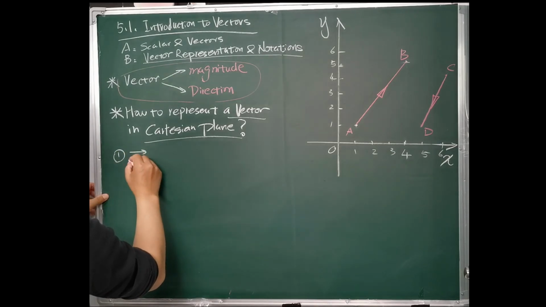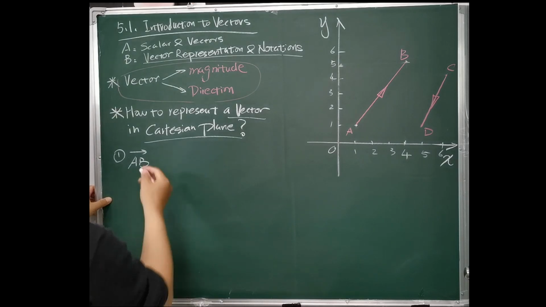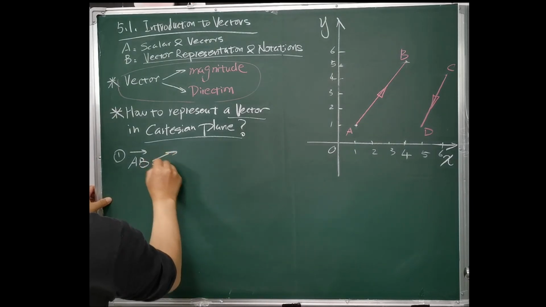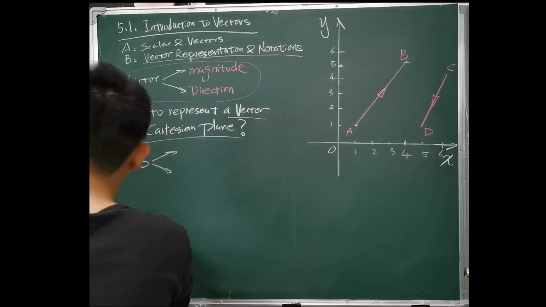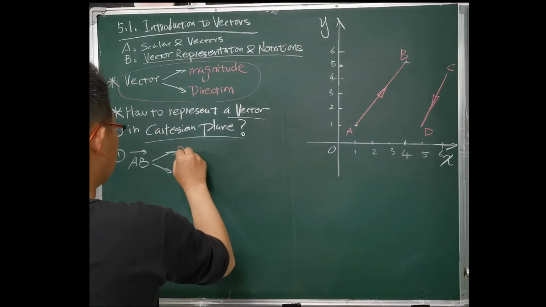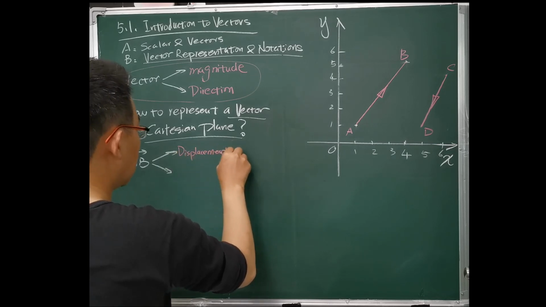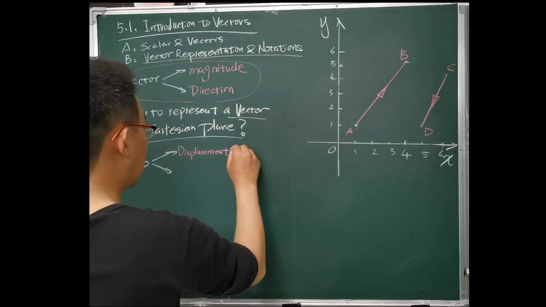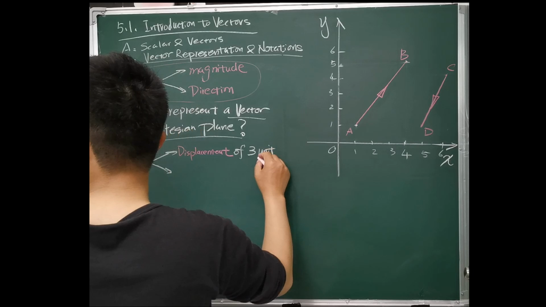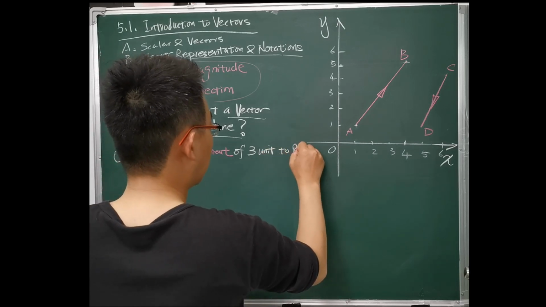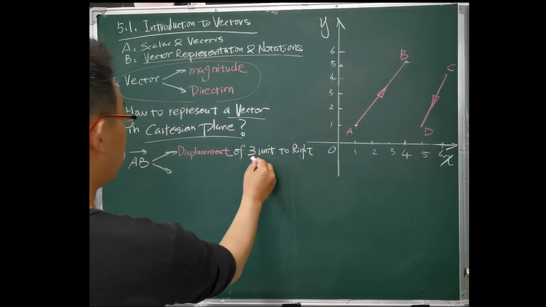So the vector A to B. These vectors can describe a displacement of three units to the right. How do we know this is 3 units to the right?